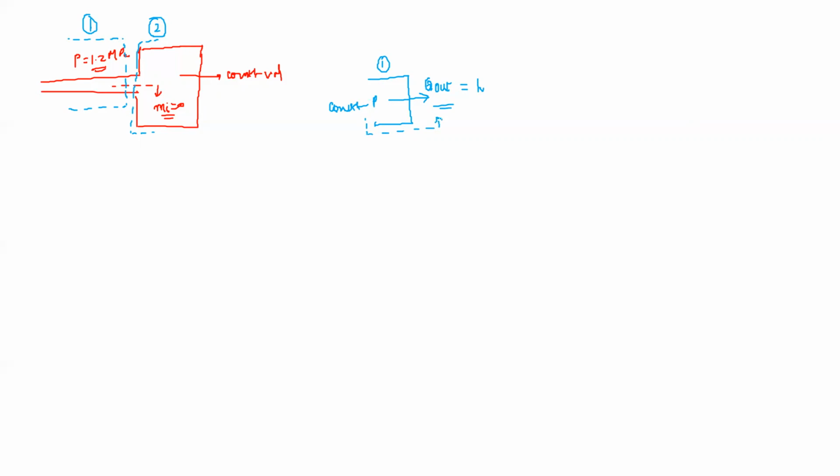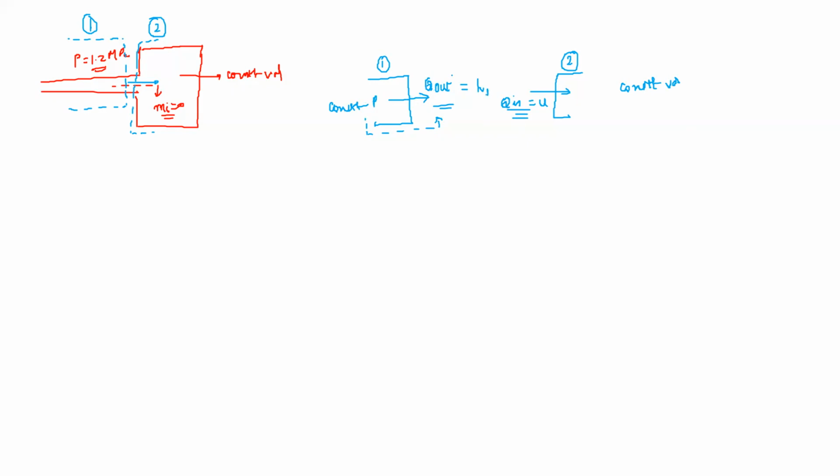Then when you're taking system number 2, which is your tank, here you're getting heat in while we are dealing with an energy balance. You're getting heat in at constant volume, and whenever you get heat in at constant volume, that is equal to internal energy.